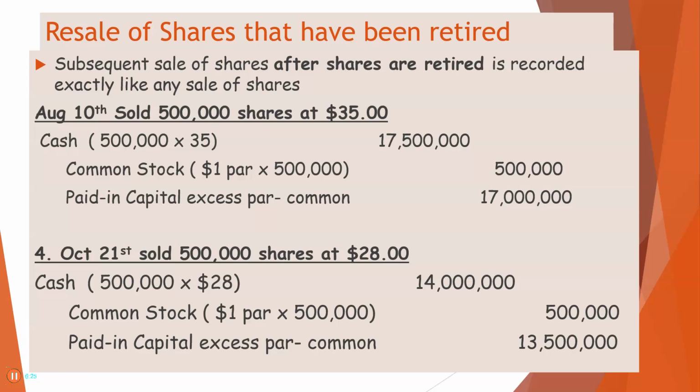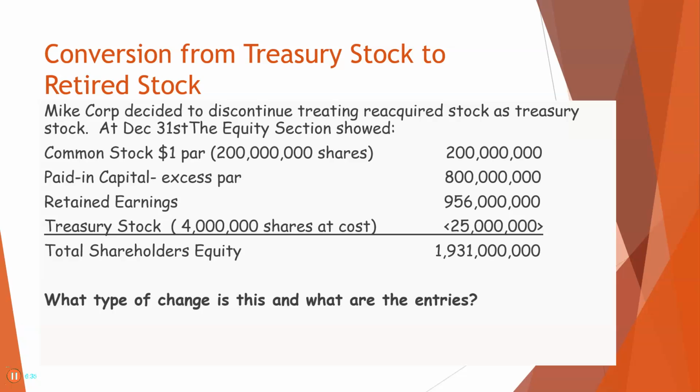Now, one other thing that can happen is what happens if we have treasury stock and we decide we don't want to fool around with this anymore. Let's just convert it to retired stock. So here is our example. We decide right now we have common stock, 200 million shares, and we have treasury stock of 4 million, and we want to convert that.